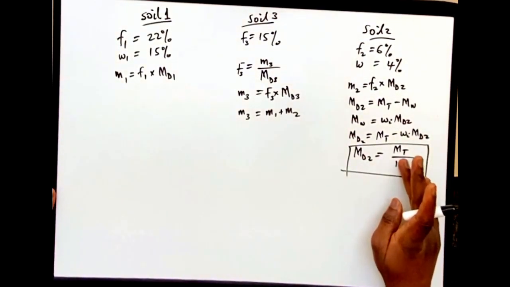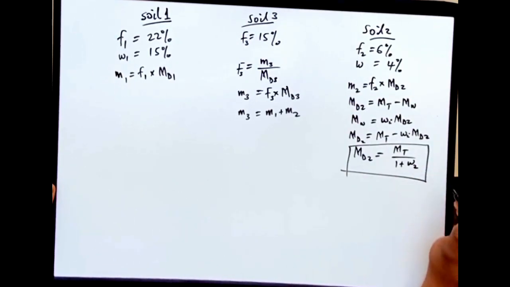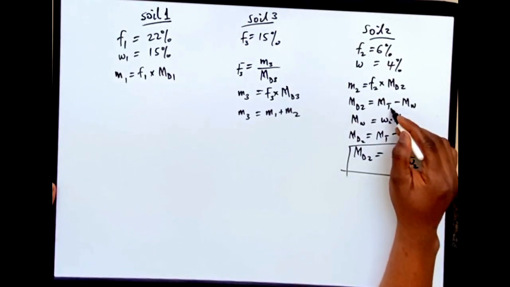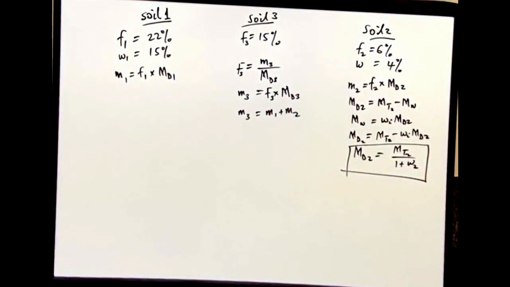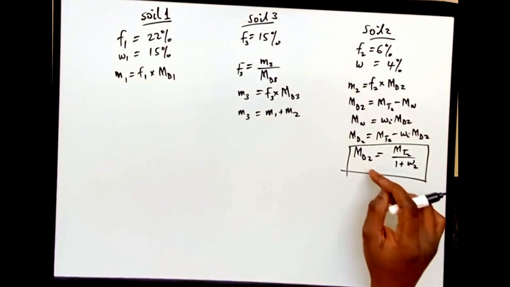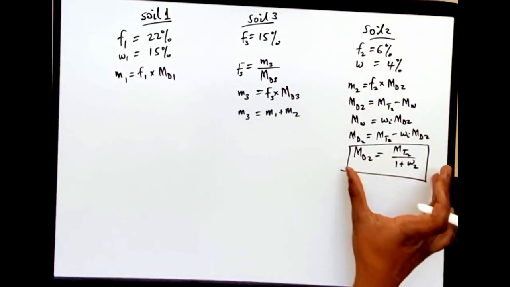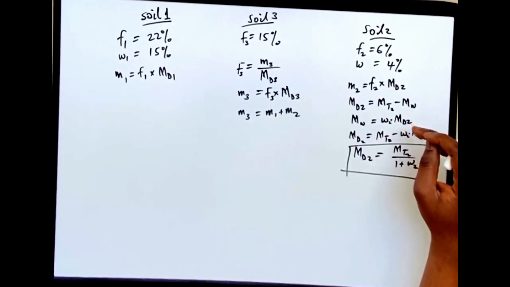The dry weight is the wet weight over 1 plus the moisture content. But now you know how that relation came about, and I hope you understand it better now. So that's what we have. Then we can now put this. The reason we did this was because I said we wanted to work in total weights and not dry weights.